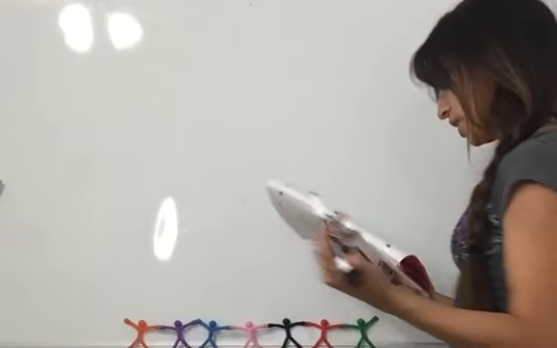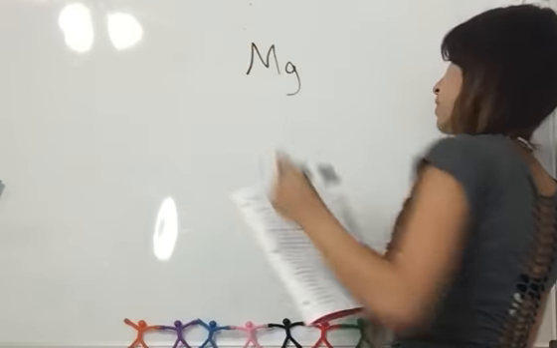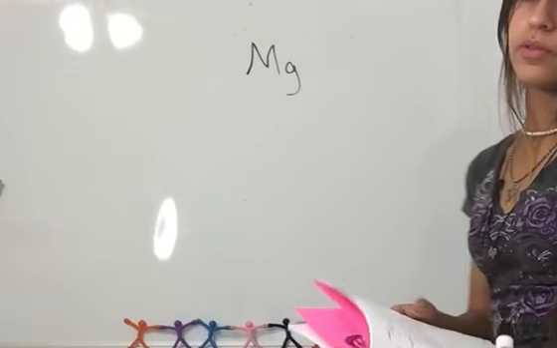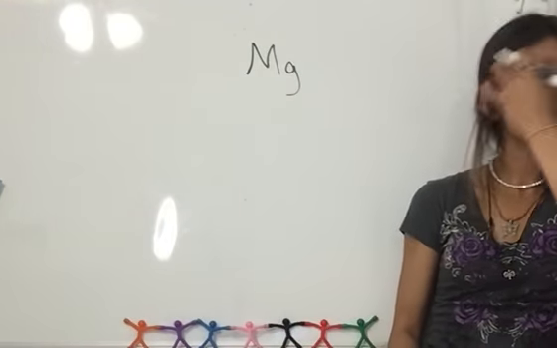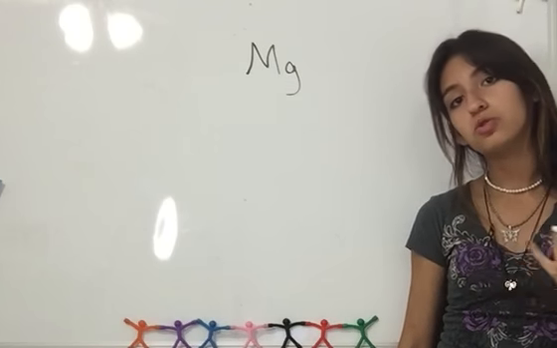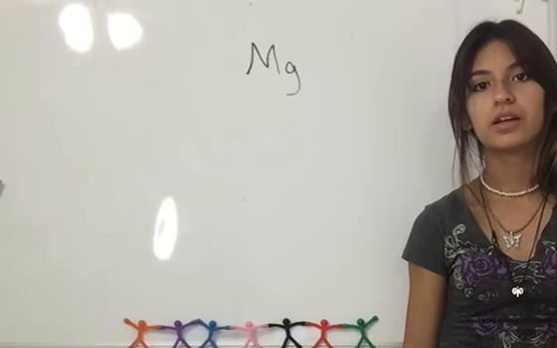Like for example, magnesium nitrate. Magnesium, if you look on the periodic table, magnesium has 2 valence electrons. And for it to get to 8, it's going to be easier for magnesium to lose 2 electrons than for it to gain 6, right?